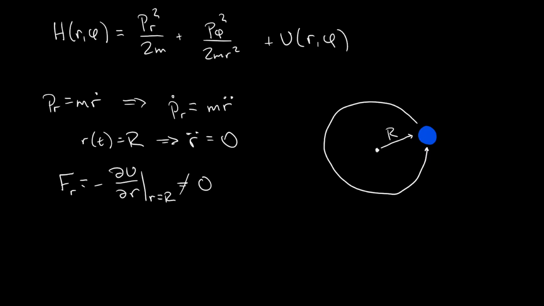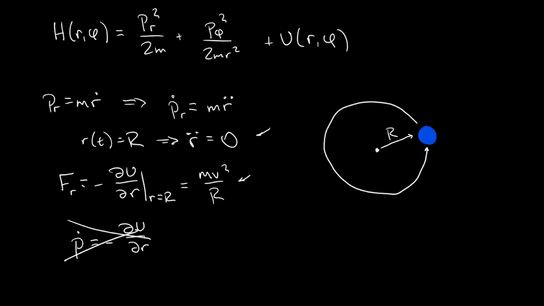And in fact, this is going to be equal to the centripetal force. Correct? So this is going to be m v squared over r in this case. We've already dealt with that with Newtonian mechanics. So if I just say that p dot is equal to minus dU/dr, this is obviously wrong, because I find that the left-hand side is 0 and the right-hand side is not 0. So this can't be the case.